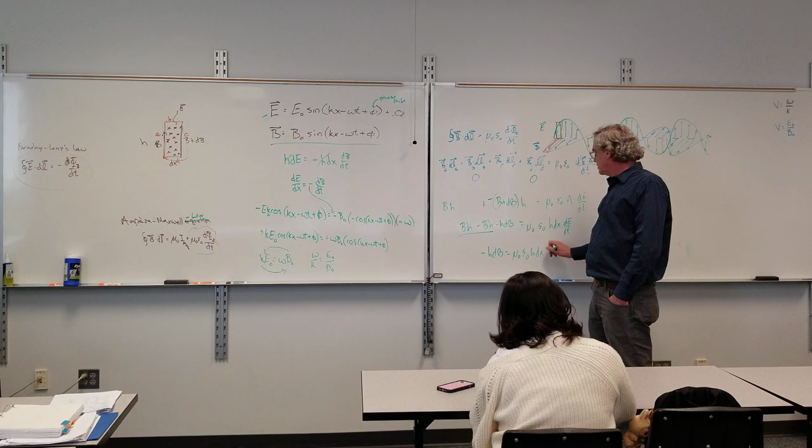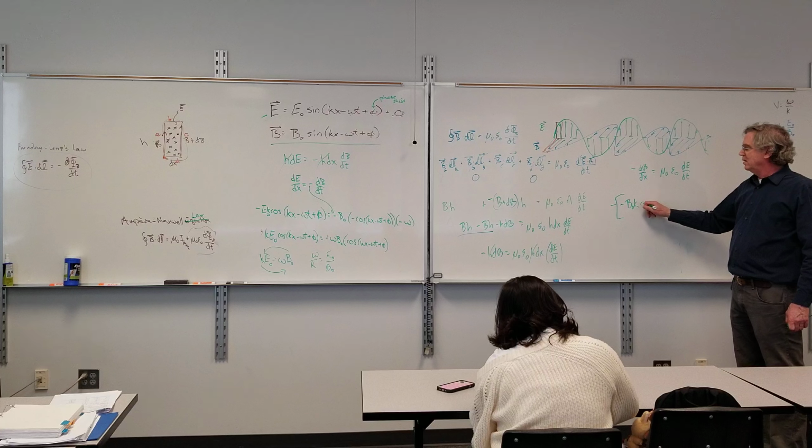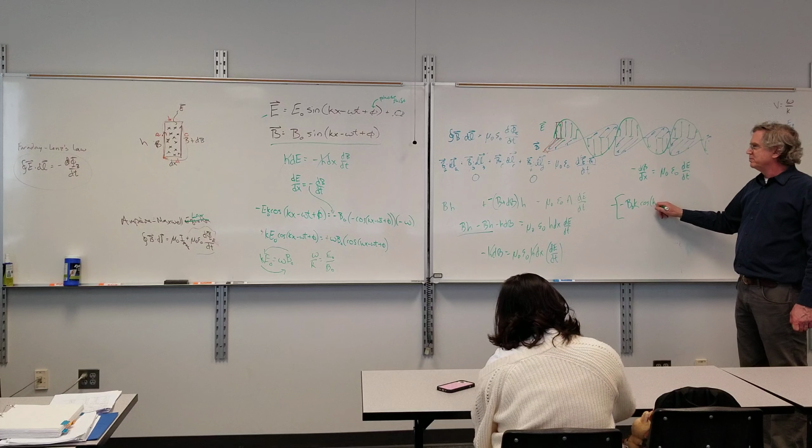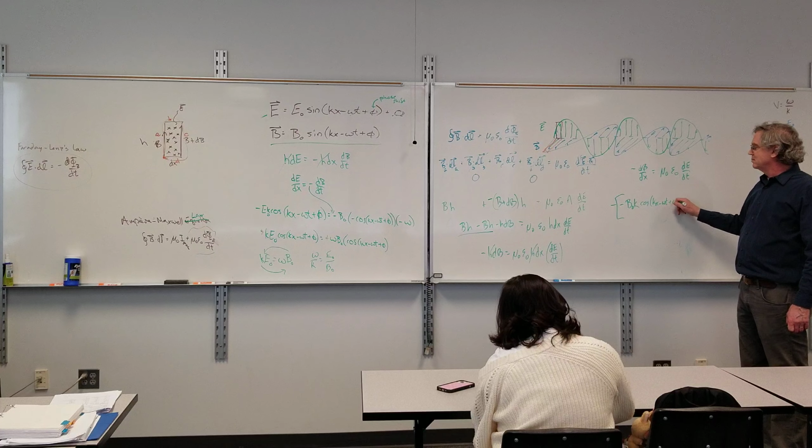And now we will take derivatives. What is dB dx? Let's see if we can narrow that down. Negative B naught K cosine, insert formula, equals mu naught epsilon sub naught, and now dE dt.